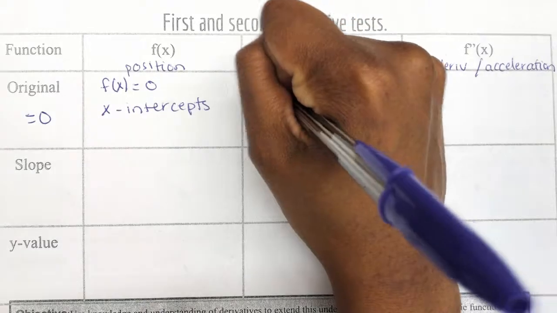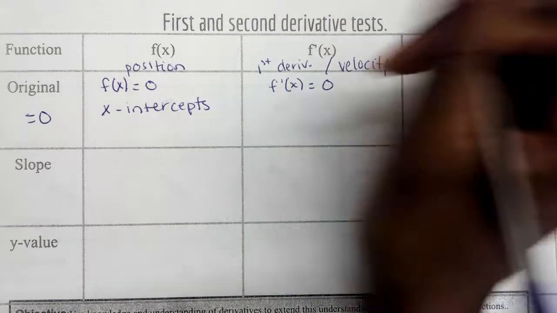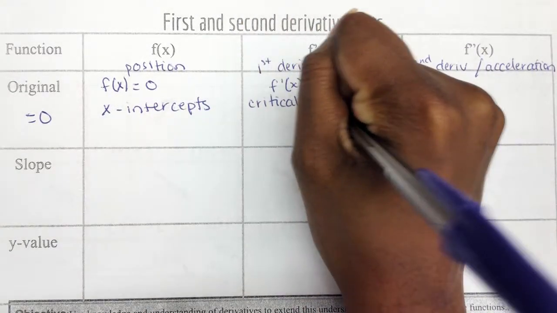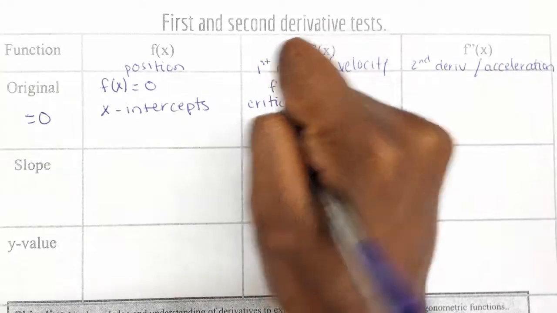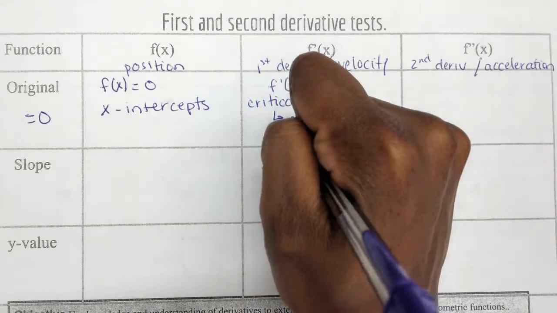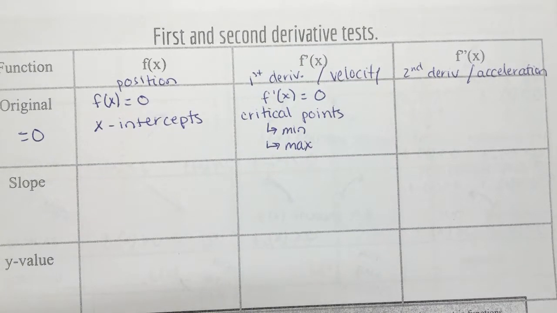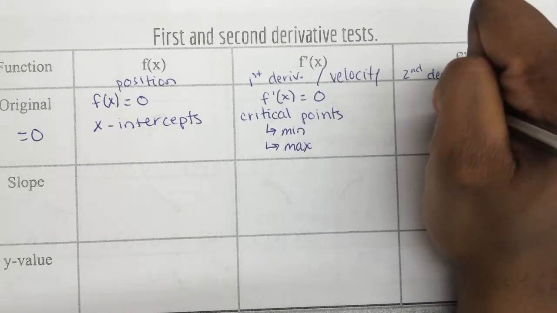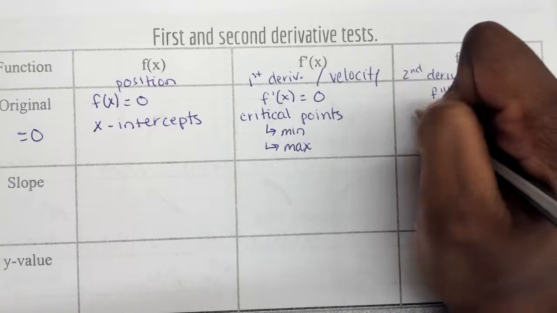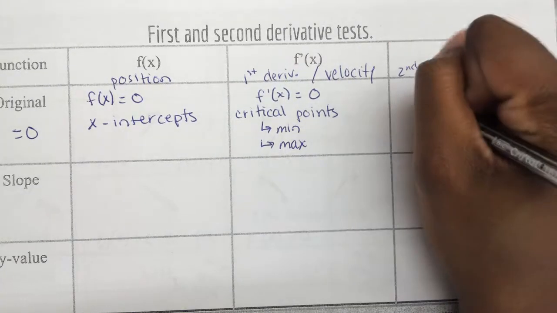Okay, if f prime of x is equal to 0, then that gives us critical points. Right, it tells us if we have a min or a max. Okay, if f double prime of x is equal to 0, that gives us inflection points.